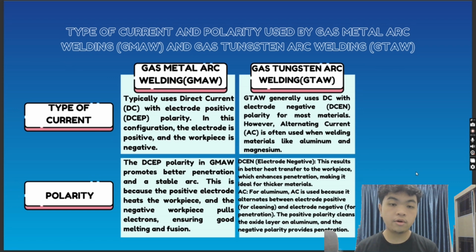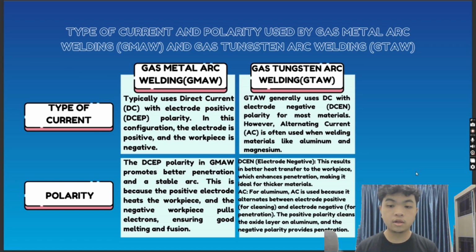For gas metal arc welding, this polarity promotes better penetration and a stable arc. This is because the positive electrode heats the workpiece and the negative workpiece pulls electrons, ensuring good melting and fusion. For gas tungsten arc welding, the electrode negative polarity results in better heat transfer to the workpiece, which enhances penetration, making it ideal for thicker materials.